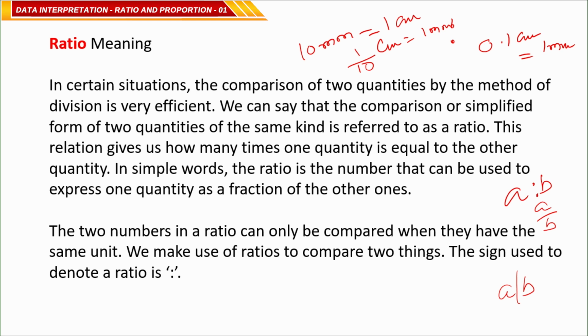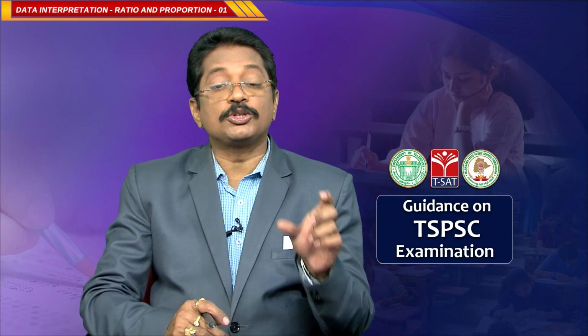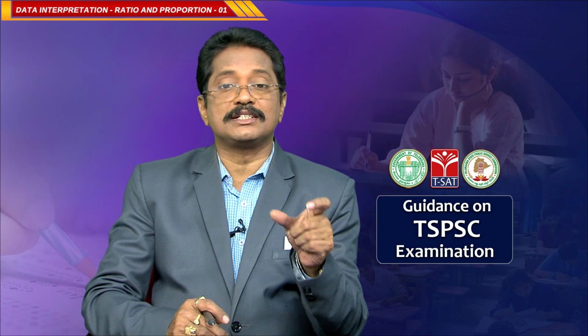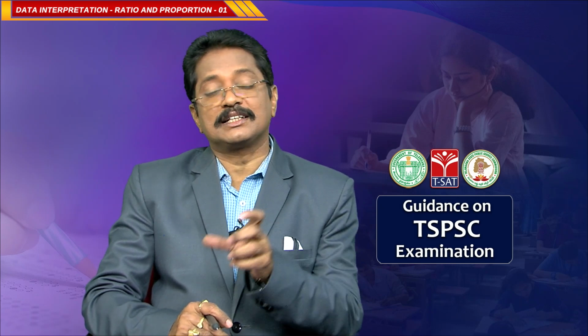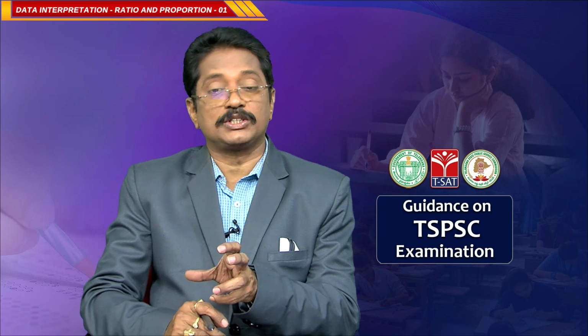The two numbers in a ratio can be compared when they have the same unit. This is a very important note. When you compare two quantities, the essential thing is both should be in the same unit. One is millimeter, the other should also be millimeter; one is kilogram, the other also kilogram.